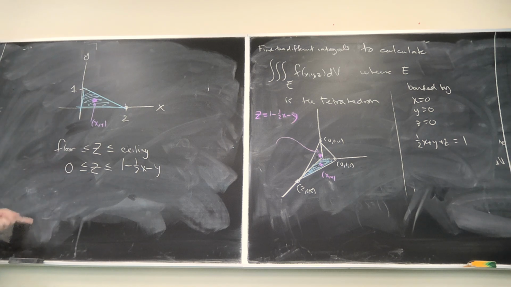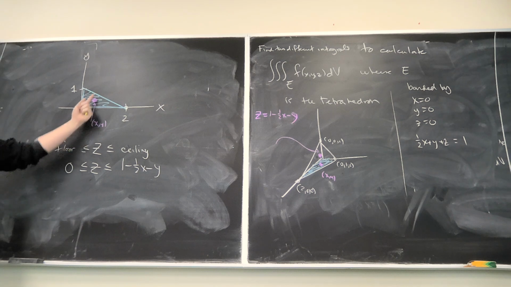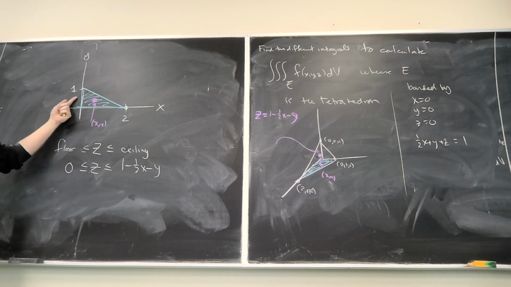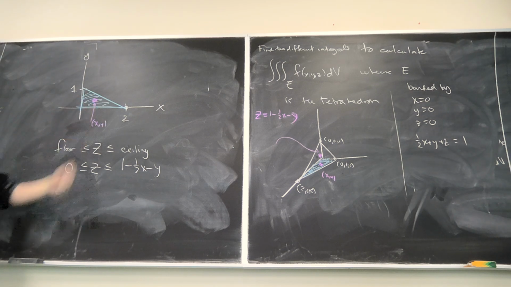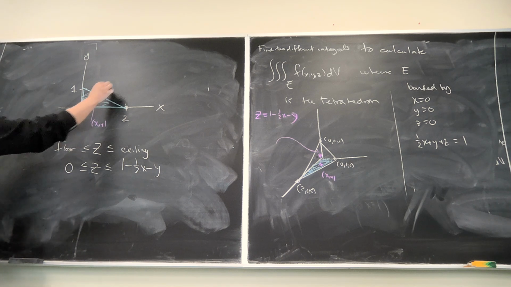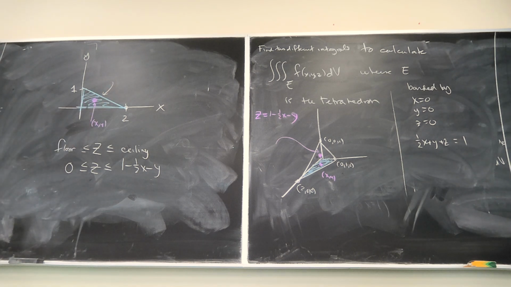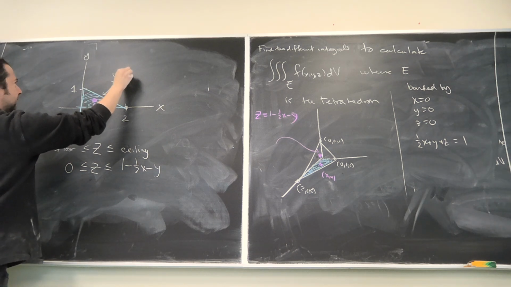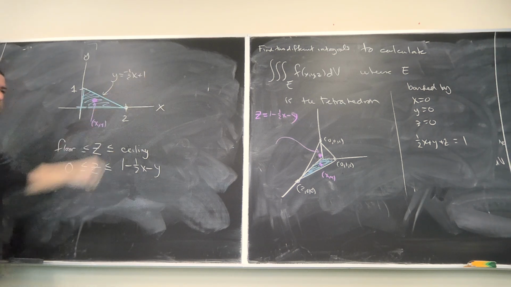Of course, now I have to choose to either fix x and figure out the y values that they travel between, or fix y and tell you the x values they travel between. Now I've got a double integral problem. How do I characterize this region by inequalities? Probably I want to start by writing the equation of that line right there. I think this is y is equal to minus 1/2 x plus 1.